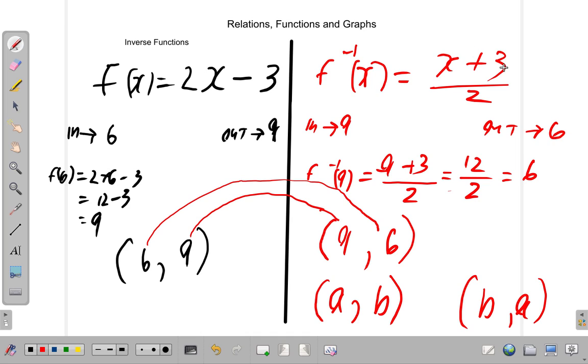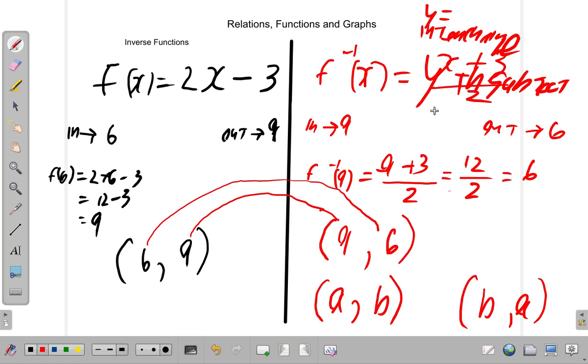But remember, it's very important for you to remember the steps that you take. Go back and remember those steps. You write as y equals. You interchange x and y. Then you make y the subject. And when you make y the subject, you write f inverse of x.